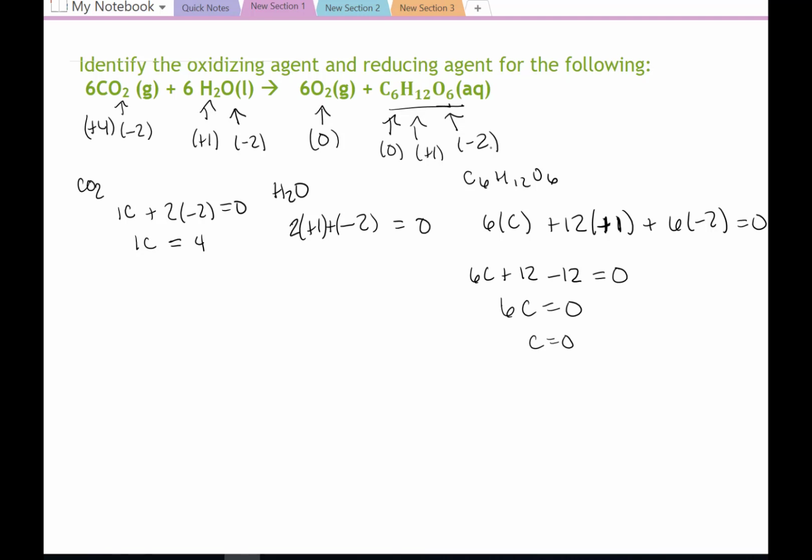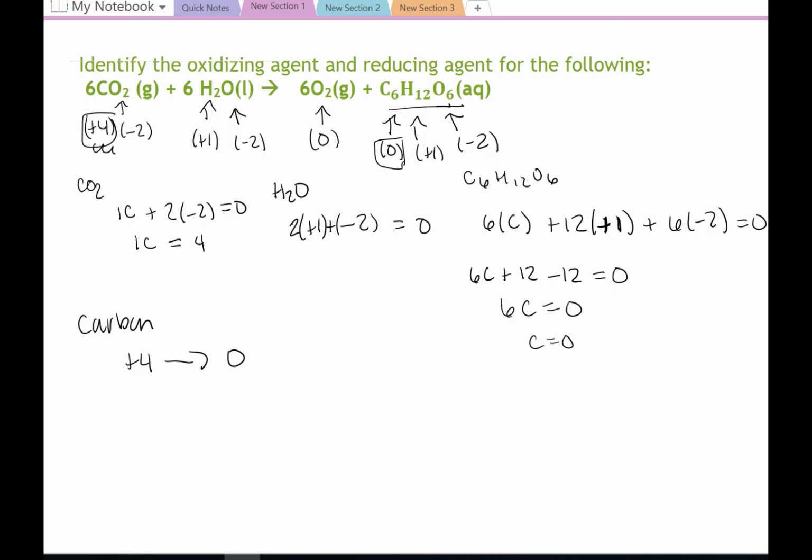So now we can look over what's being reduced and what's being oxidized. So we can see that carbon right here is positive 4, and then carbon here is 0. So our carbon is going from positive 4 to 0 in oxidation state in this reaction.